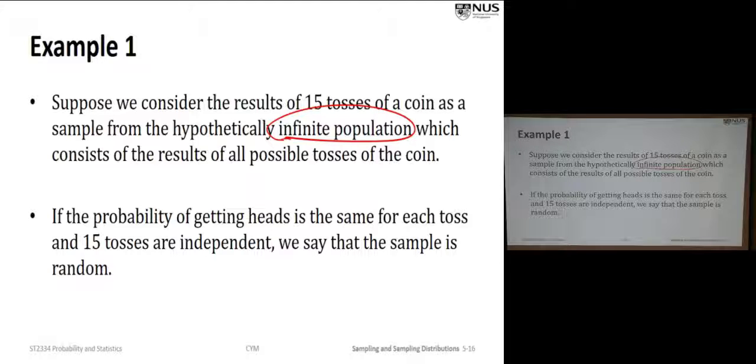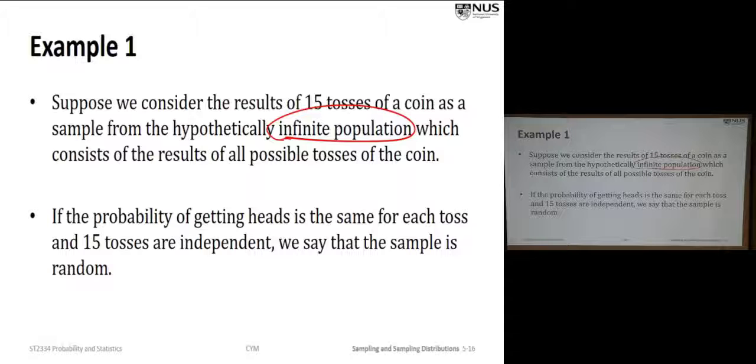In this example, the tosses have only two outcomes, head or tail. And the probability of getting a head remains the same from the first toss to the second toss. You're tossing the same coin. So the probability of success of getting a head should be the same for the first toss, the second toss, the third toss, and up to 15 tosses.